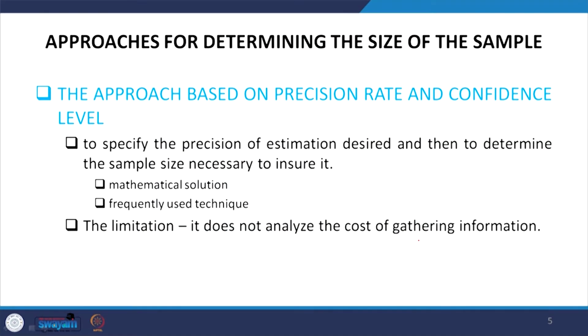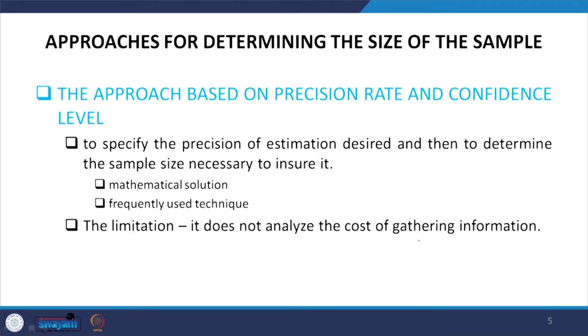Now, what are the approaches for determining the sample size? It is precisely based on the confidence level as well as the precision rate. To specify the precision of estimation desired and then to determine the sample size necessary to ensure it, we do require a mathematical solution as well as frequently used techniques.